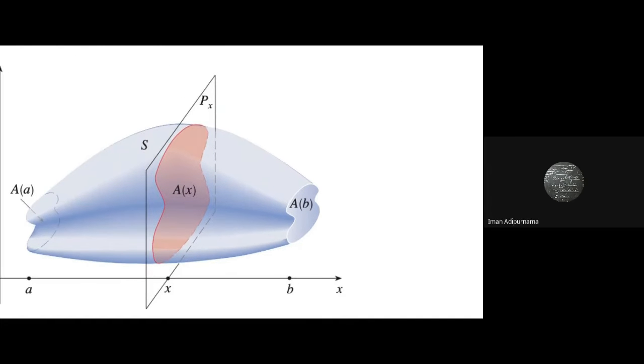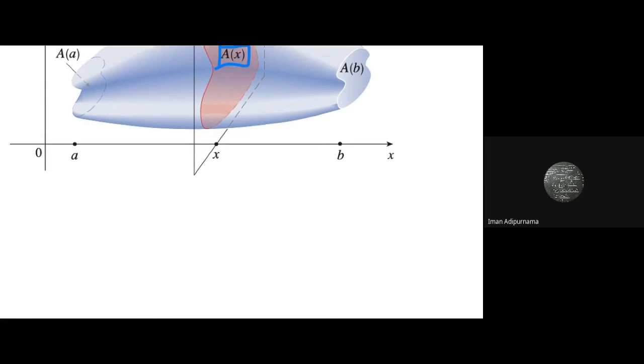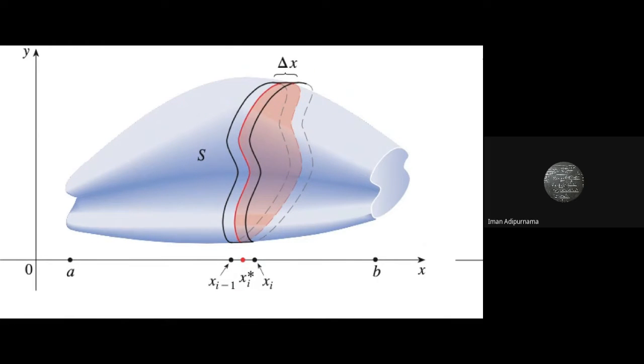Let's say it is on the x plane, and let's name this cross section A, A of x, a function. If we take the same approach as we did before, we slice with some thickness.